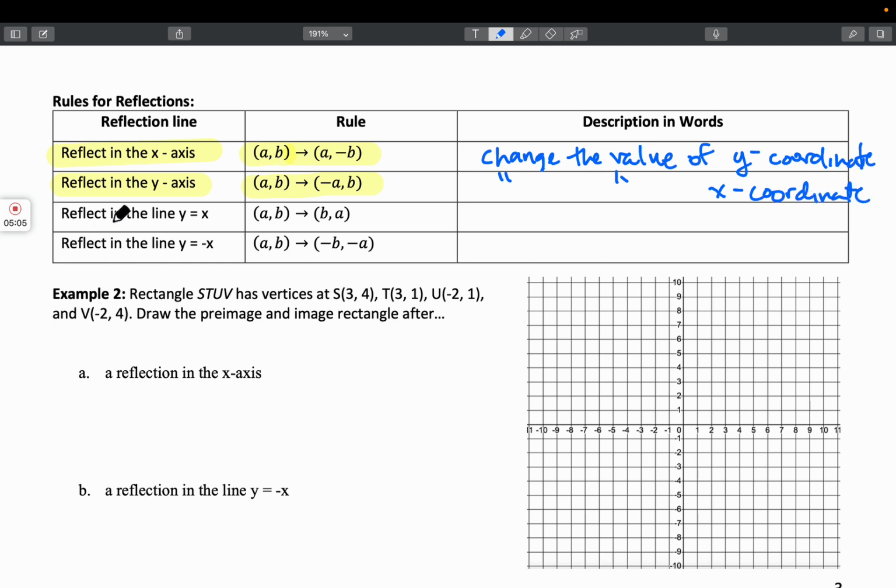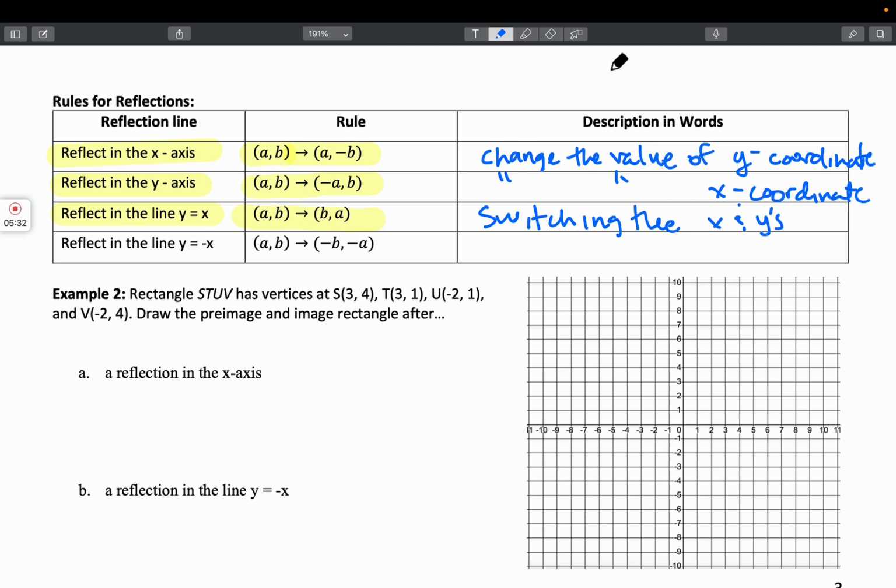All right, how about if we reflect over this diagonal line y equals x? Well, when we reflect over the line y equals x, all of our coordinates (a, b) will be switched around. The x will become the y and the y will become the x. So we'll just call this switching the x and y's.